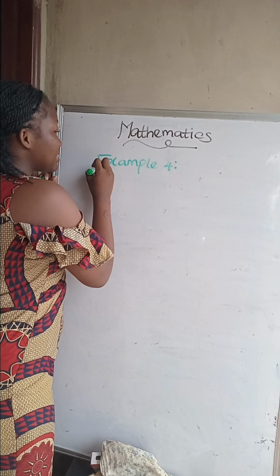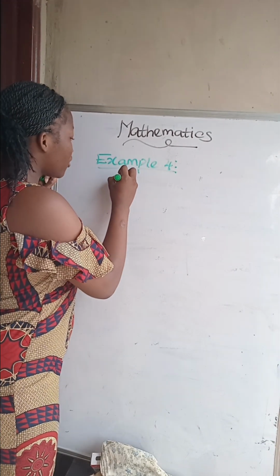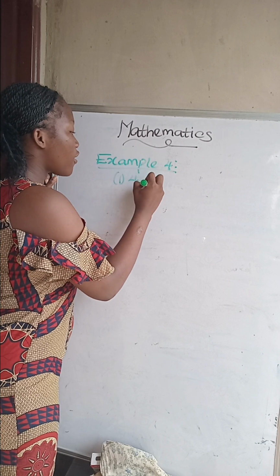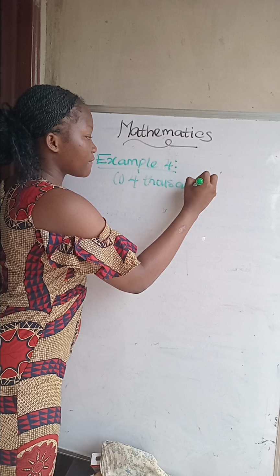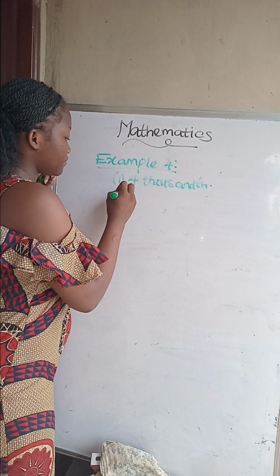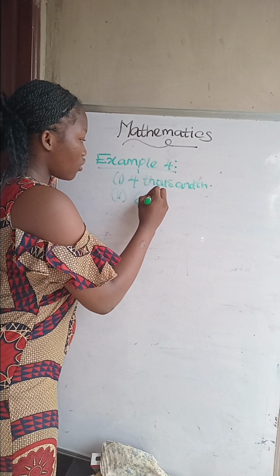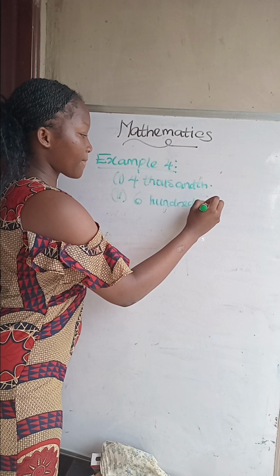If you don't understand, comment and I will answer your questions in the next class. So example 4, number 1, we have 4 thousandths, and 600.